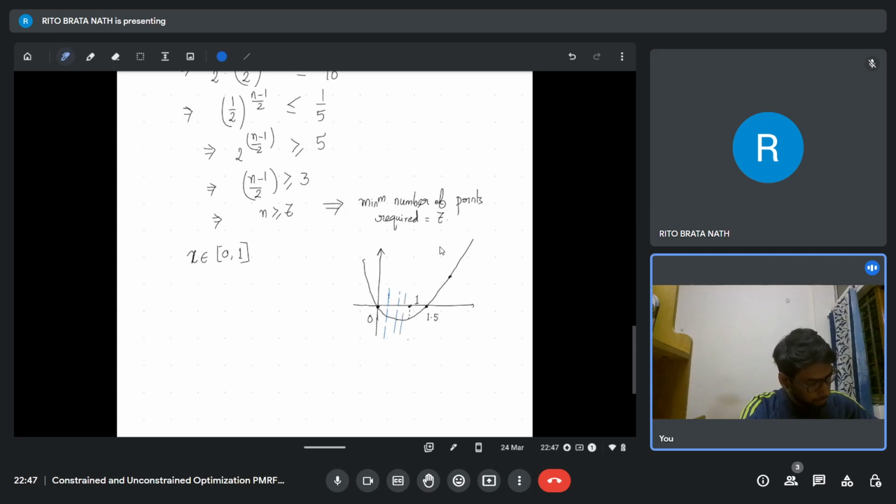So this could be your 0.25, this could be 0.5, this could be 0.75. And now you will do function evaluations at these 3 points, and then based on the values of this function at these x1, x2, x3 points, you can eliminate two of these regions and you can halve your interval. So that's the idea behind this.